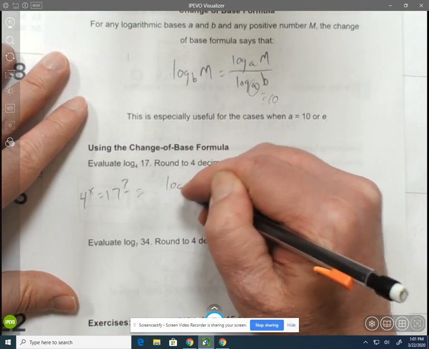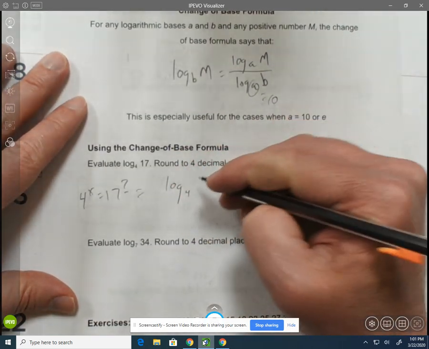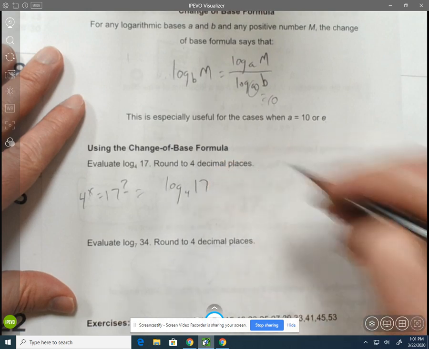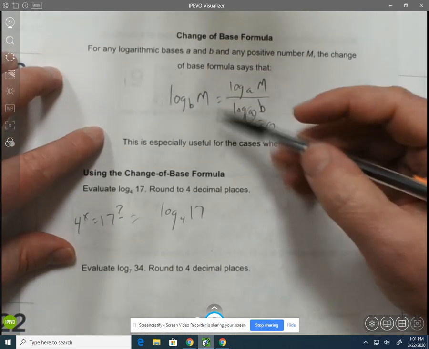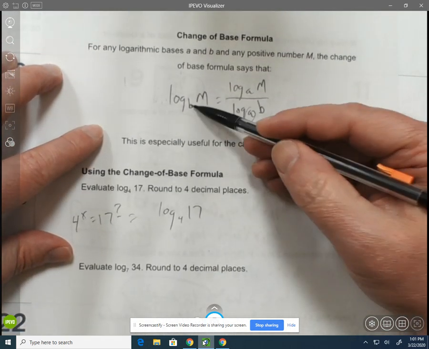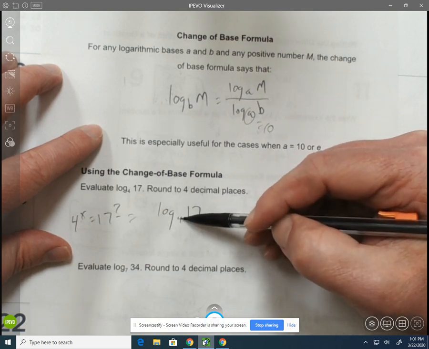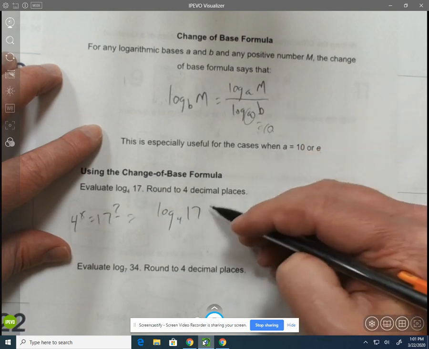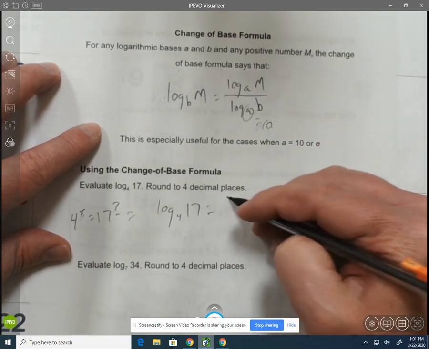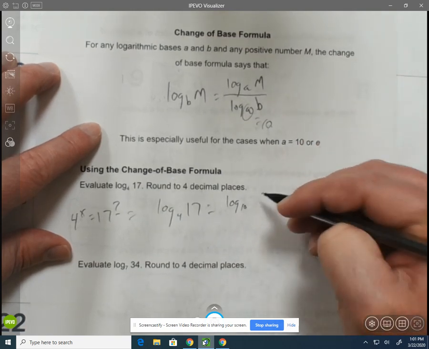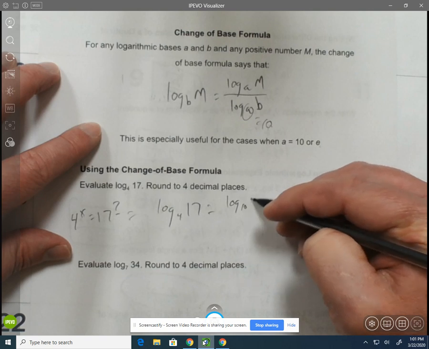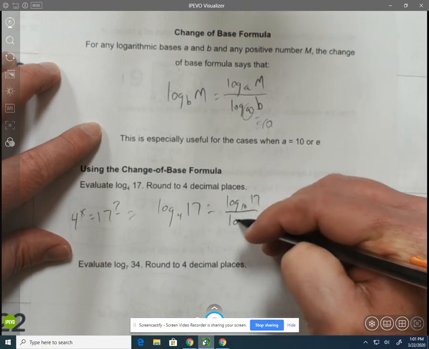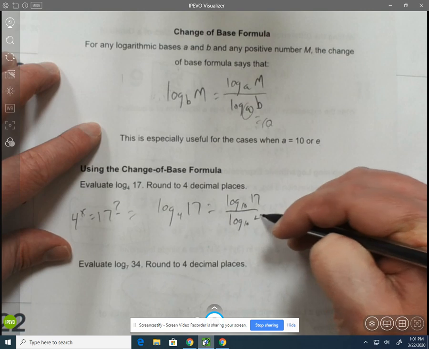So what the change of base formula allows you to do is rewrite the log base 4 of 17. Again, m here is 17, b is 4, and I'm going to make a 10. I'm choosing 10 simply because that's what my calculator can do. So I can write log base 10 of 17 divided by log base 10 of 4.